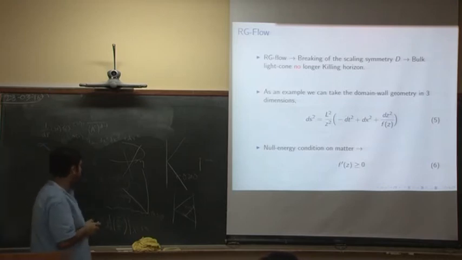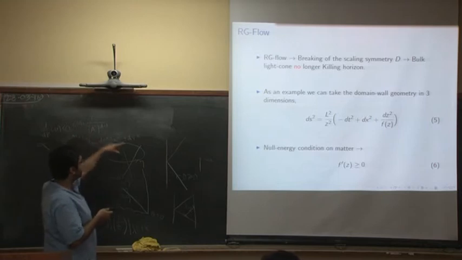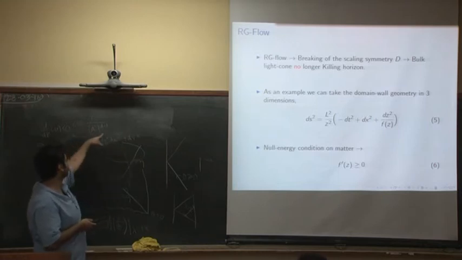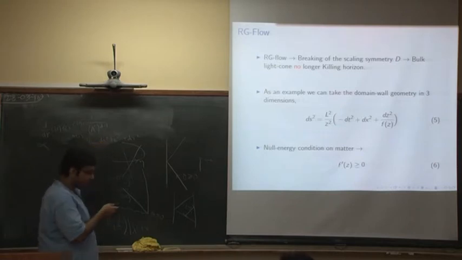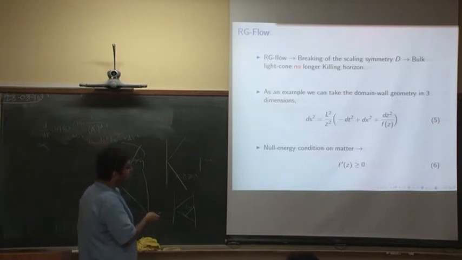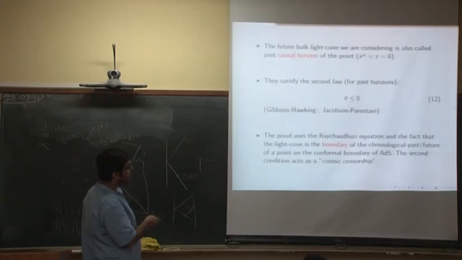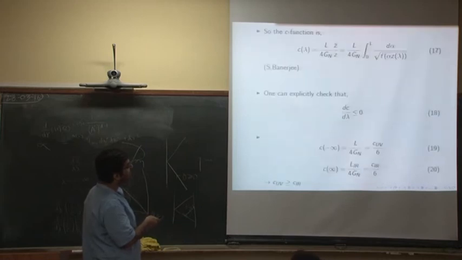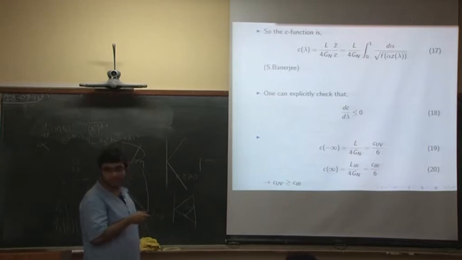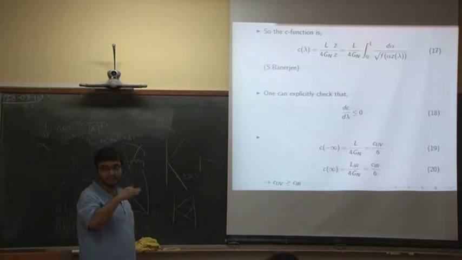But here this quantity is not 1 over A prime to the power d minus 1. One easy way to see it is that if you write down the c function, you will see that it is not local in the scale, in the sense that there is an integral which starts from the ultraviolet.